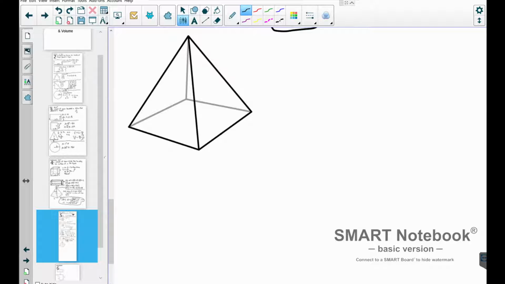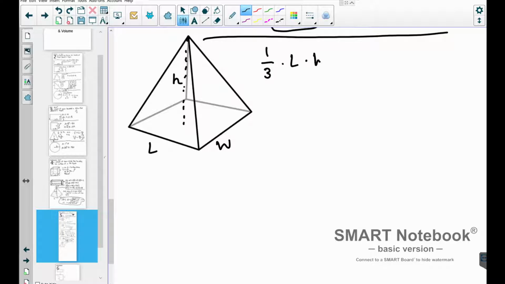Lastly, we have the pyramid here. Going to utilize this height value right here, and the length and the width. The formula that we use for this is 1/3 times length times width times height. Length times width is going to be equal to our base, this square looking base down here. That's the area of that base.